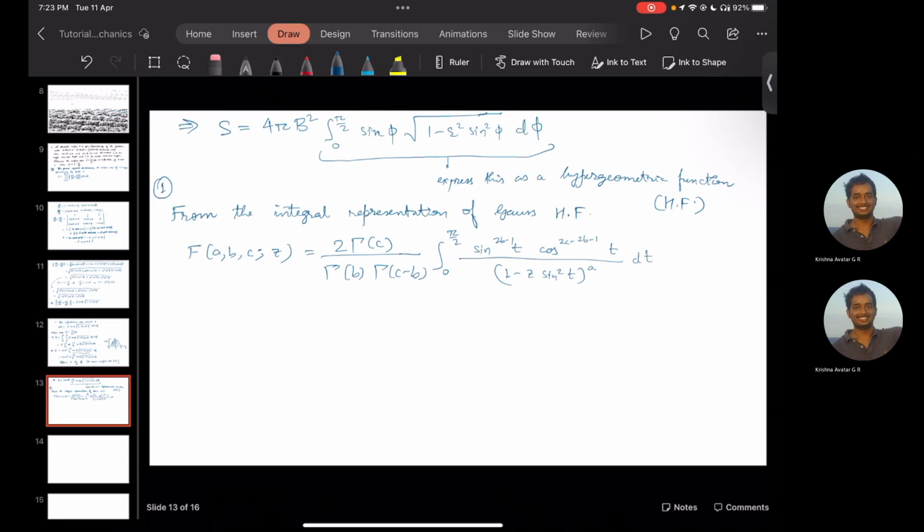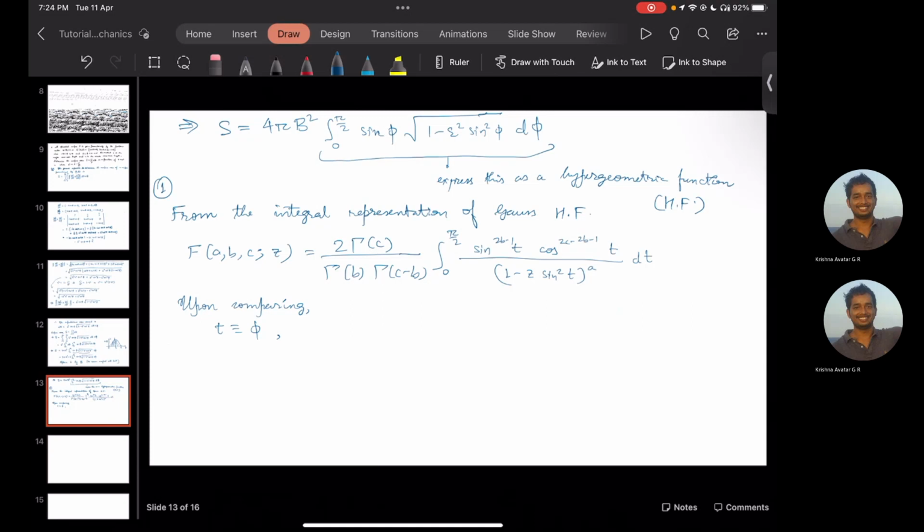Now let's compare. Upon comparing, the first thing that we have is that t corresponds to phi. This was just our dummy variable, so it doesn't matter much, but still it corresponds to this one.